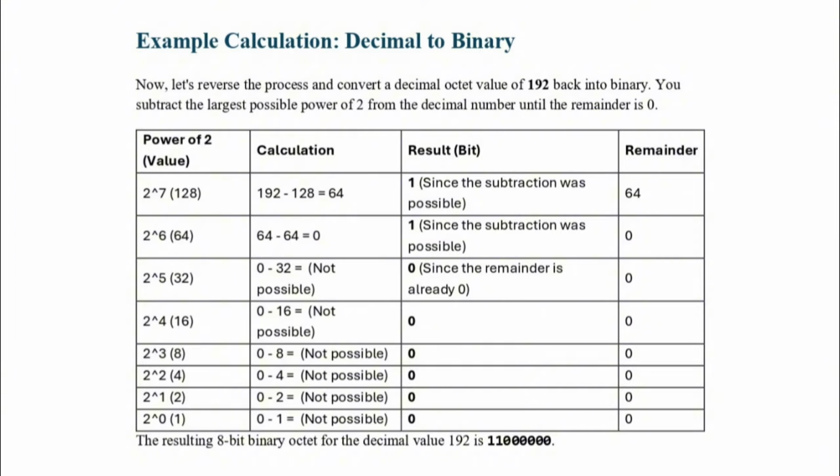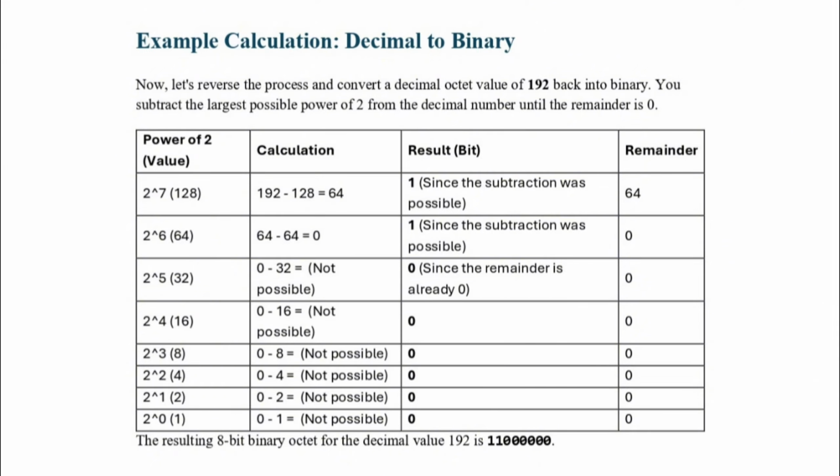The second section is the calculation side. For the calculation side, the first number is the decimal value of the example you have taken, which here is 192. The first step is 192 minus the power of 2 power 7, which we took in the previous side-by-side table.